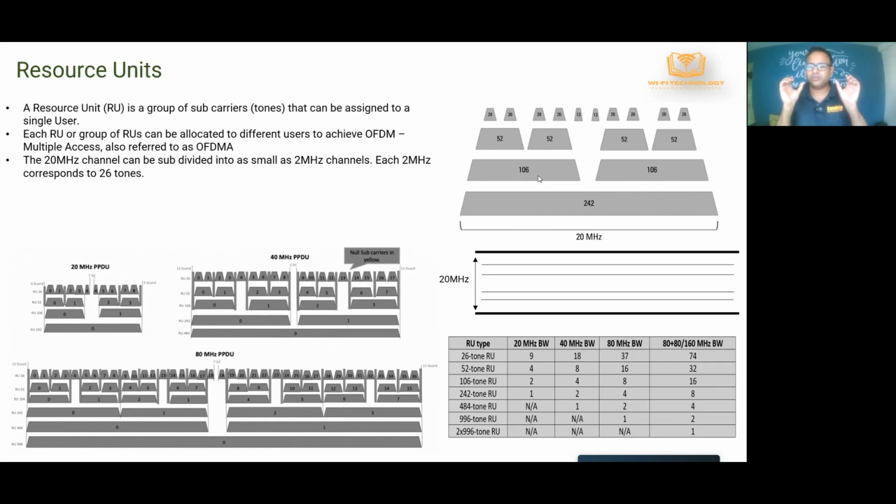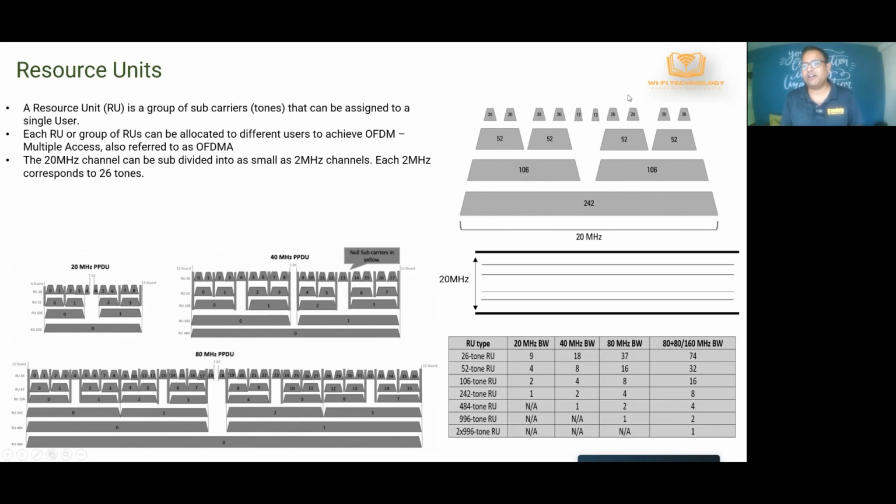So now you have that advantage. Or you can say, I want to have 4 resource units, each of them 52 subcarriers or tones. So now the bandwidth is even smaller, but you're able to have 4 devices communicate at the same time. Or you can go even lower and say, I want to have 8 resource units with 26 tones each, and then you will have 8 simultaneous communications, at even lower bandwidth.